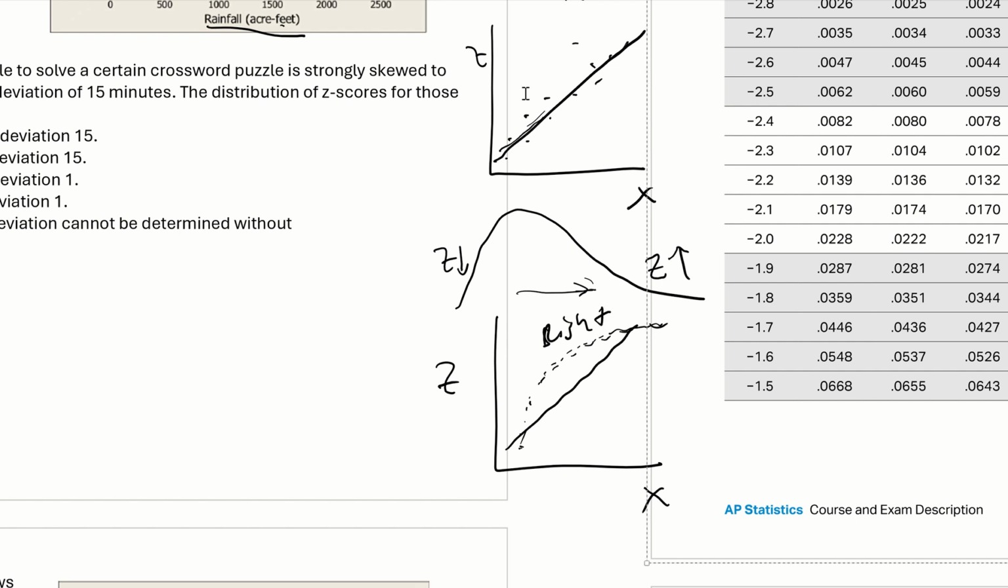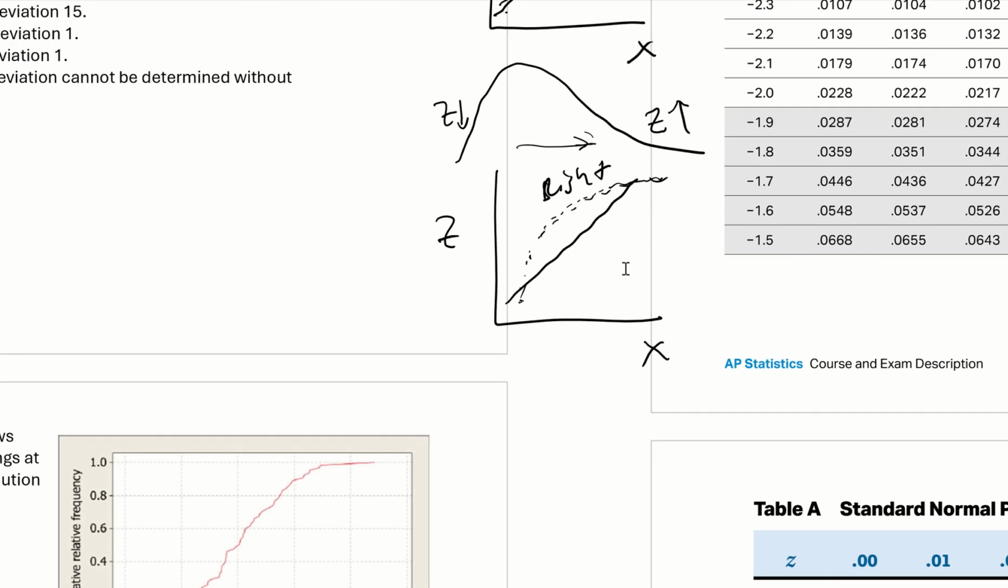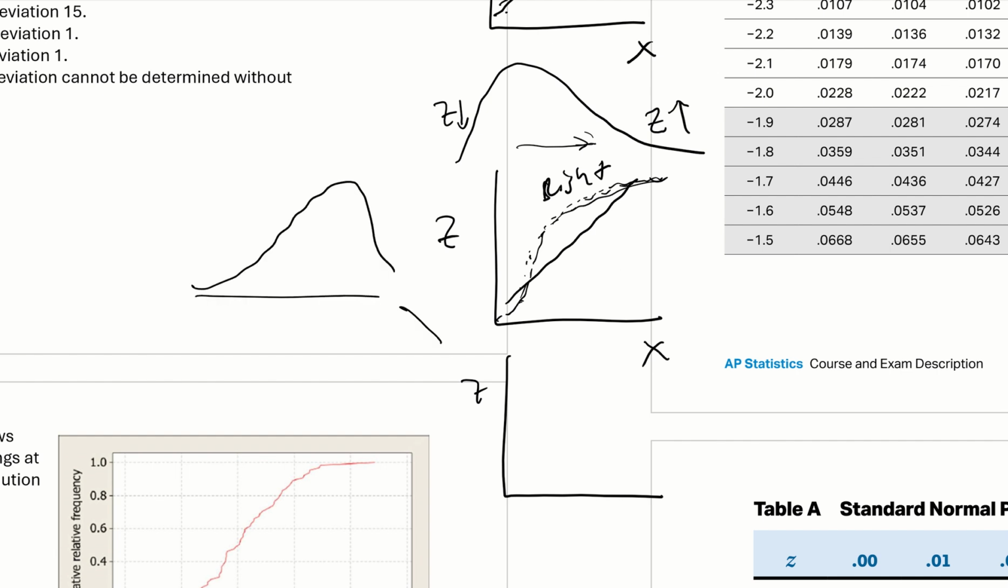All right, if it's skewed to the left, the data might have a curve like that. This is the ideal line, and it's going to bend below it.